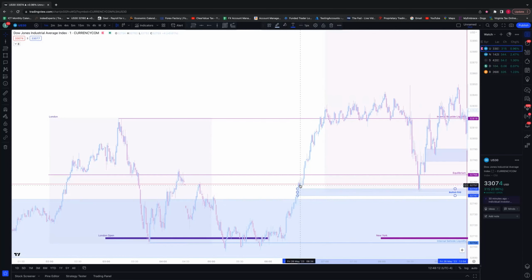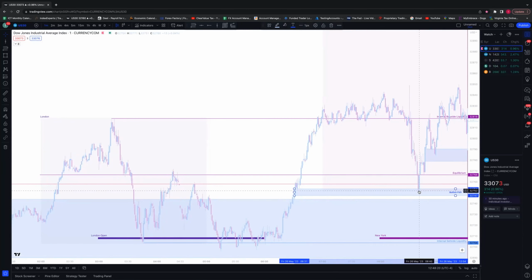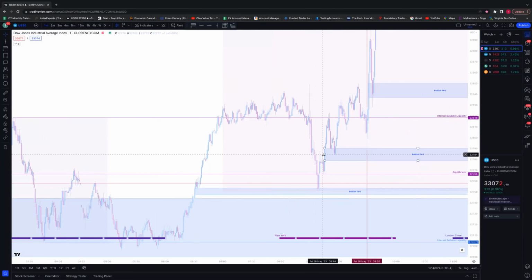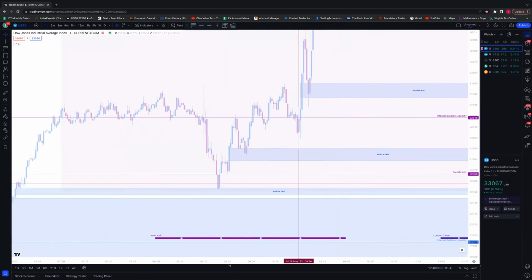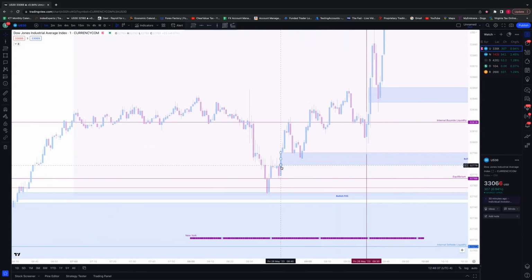So now I'm looking for price to come and tap into it. Once price comes and taps into it, it starts to trade above equilibrium. And with this at 847, we create another inefficiency in price, and we leave a very evident bullish fair value gap as well.